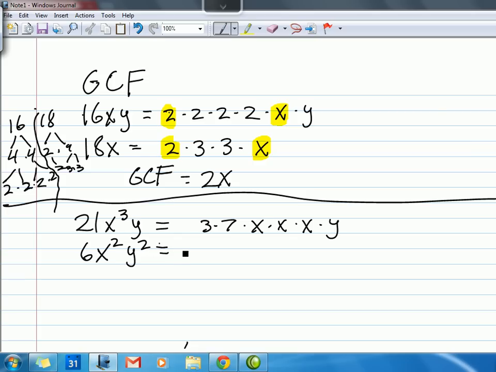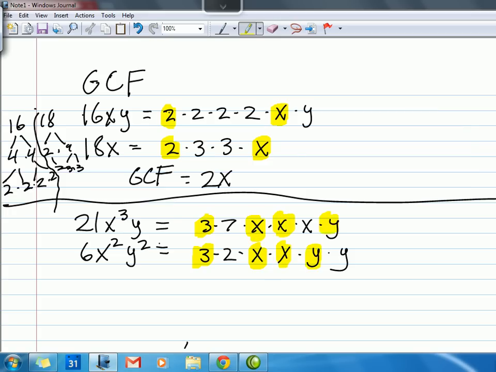Here, with the 6, that prime factorizes to 3 times 2, times x times x, and then we have 2 y's, right? After that, it's up to you to find out what they have in common. They have a 3 in common. What else do they have in common? I see they have an x in common, and they have another x in common.